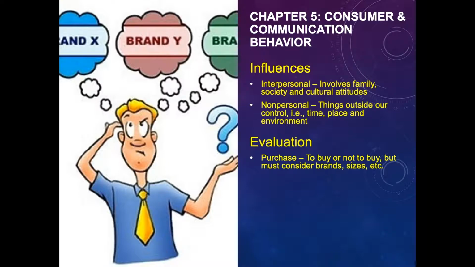Appliances, you can get white or stainless steel. So you have to decide, okay, do I want white, black, stainless steel in my apartment? Do I want it to be larger to fit the space that it's in, or am I going to make it smaller because I want to redecorate? Those sort of things. So you still have to go through an evaluation to that purchase.